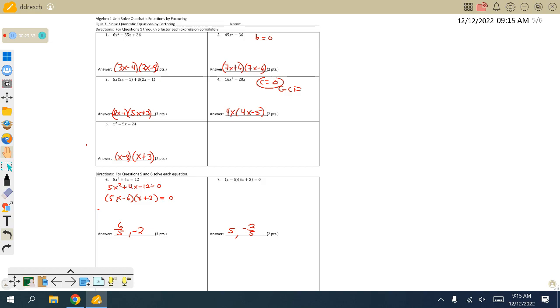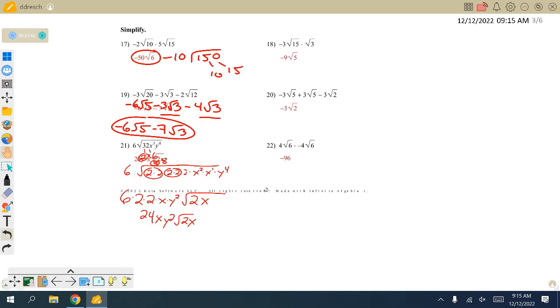Sam, what you got? On the quest review, can you go back to 19? I told her to do square root. Did you get to this point right here? Yeah.